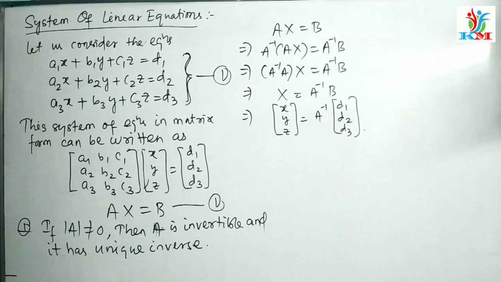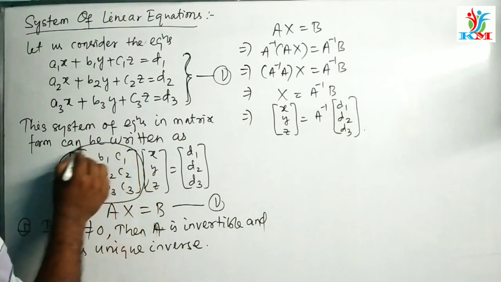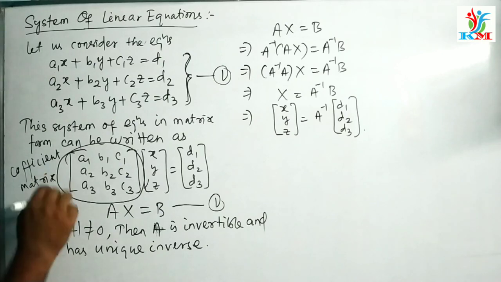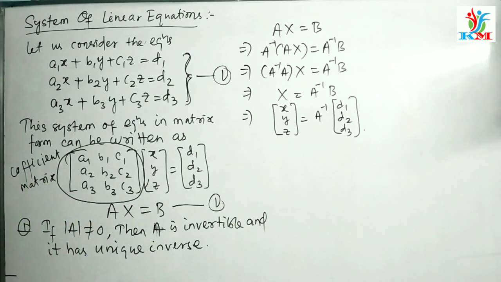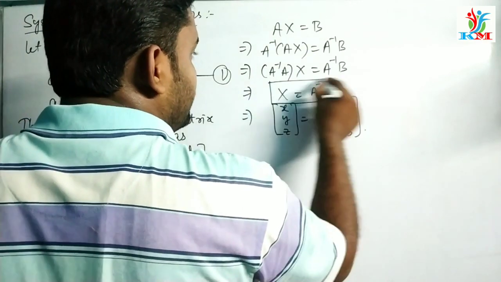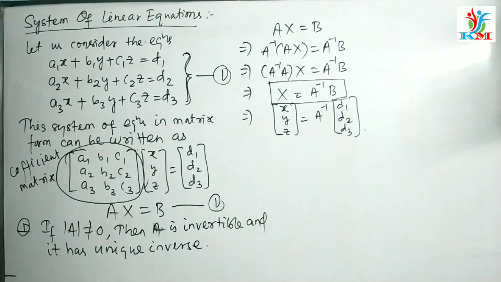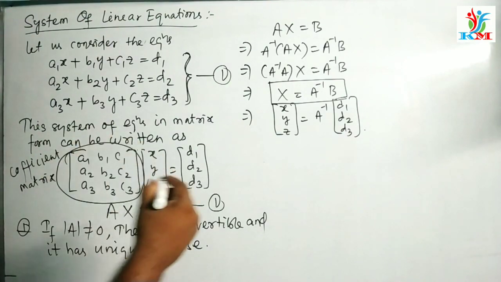So whenever determinant of A, where A is this coefficient matrix, is non-zero, then it must be invertible and it has an inverse. So in this case we can find the solution of the system of equations by this process, that means X equal to A inverse B, and we already know how to find the inverse of matrix A.